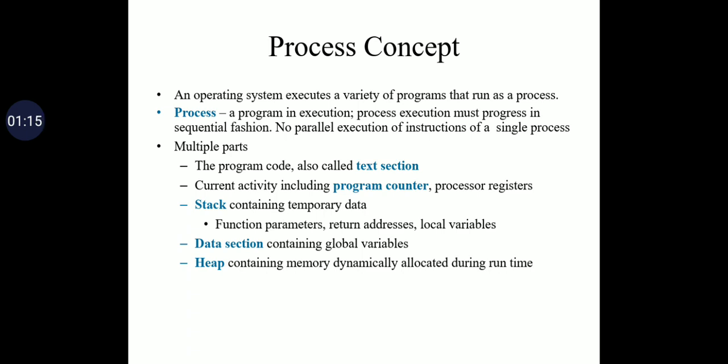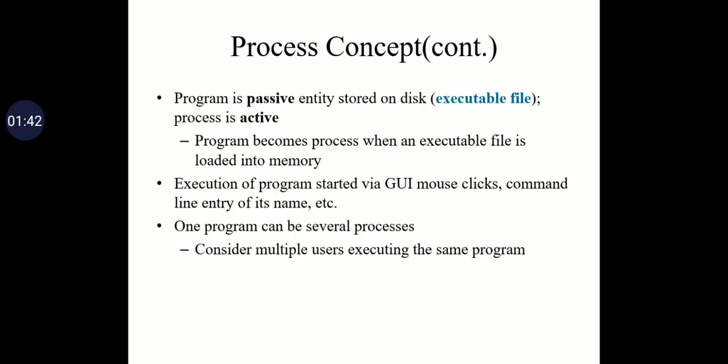The stack is a memory location which stores temporary data, function parameters, return address, local variables, etc. And then the data section contains global variables which are used by the program. Then the next part is the heap, which is used for dynamic allocation of memory when it is requested by the process.